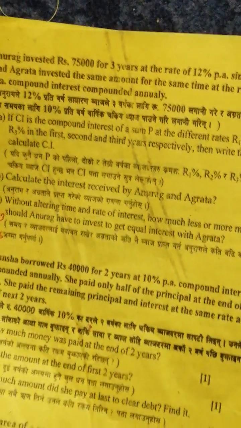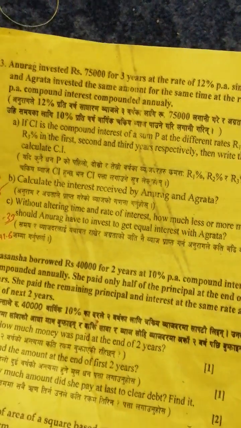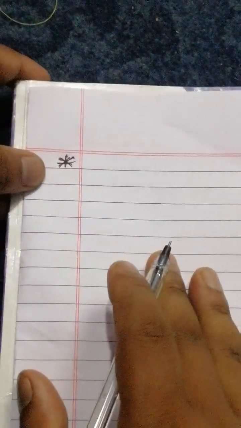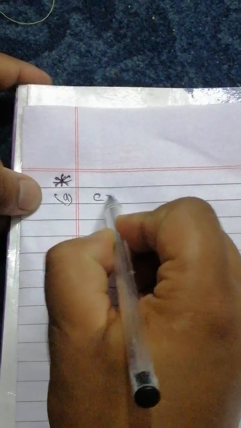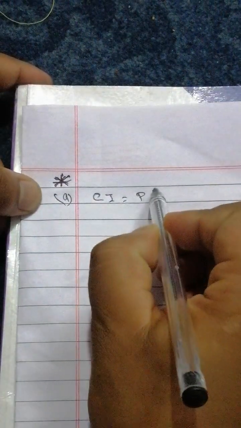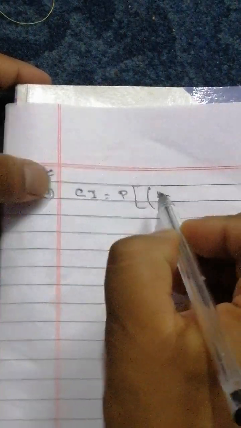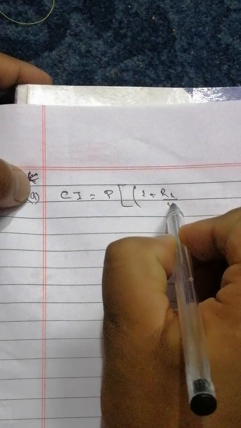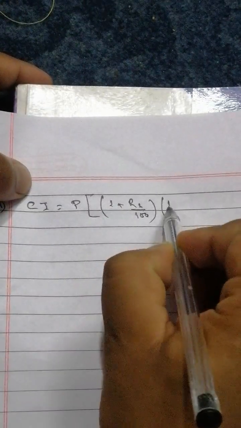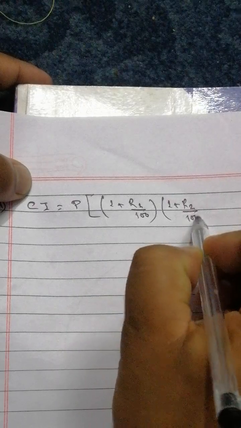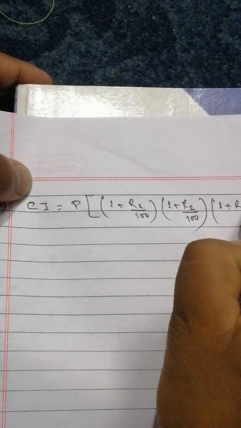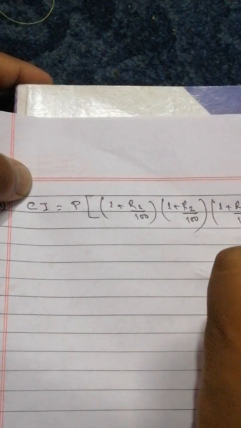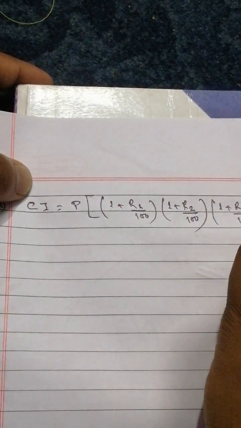If the rate of interest changes every year, that is R1, R2, R3 for the first, second and third years, what is the formula to calculate the compound interest? So the formula to calculate compound interest when the rate of interest changes every year is CI is equals to P into (1 plus R1 by 100) into (1 plus R2 by 100) into (1 plus R3 by 100) minus 1.